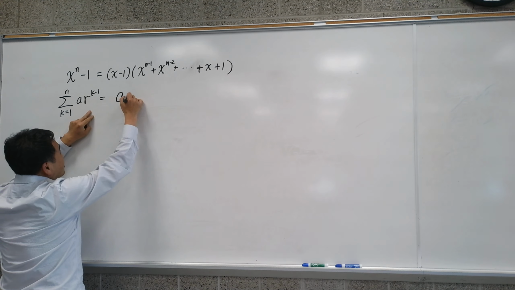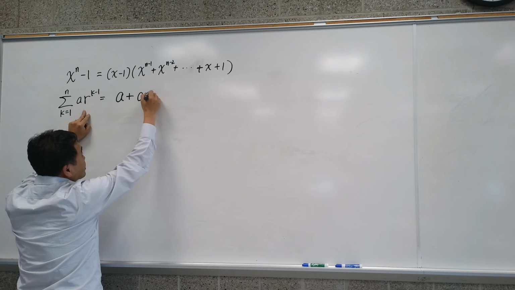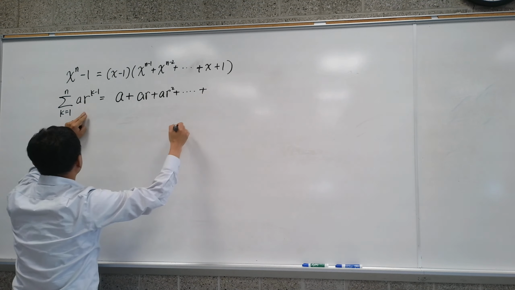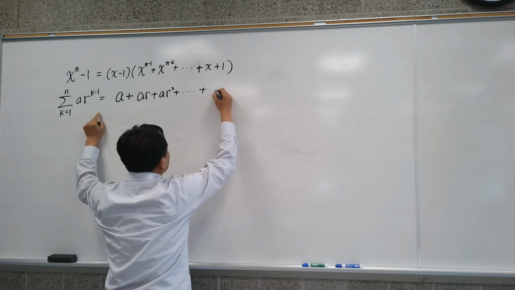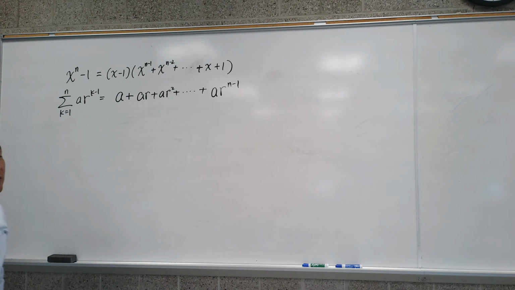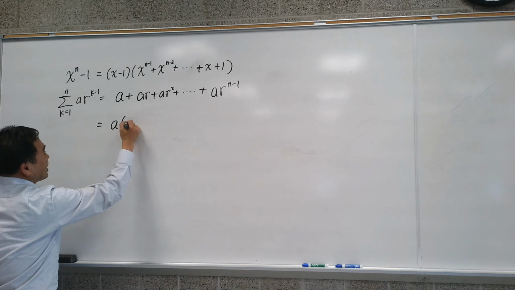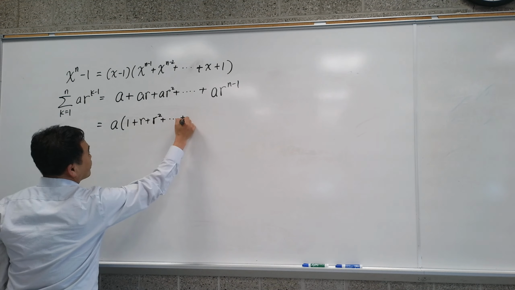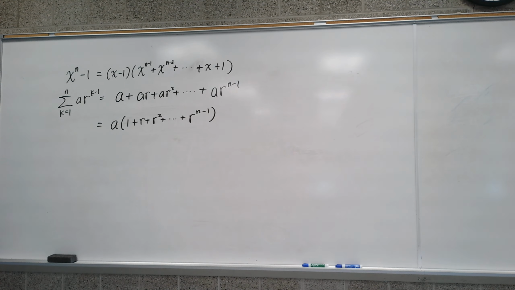A, just A. When k is 2, this produces AR, and then AR squared, all the way up till when k is n, what does this produce? A r to the n minus 1, right? And now we are going to factor the a out. And you have that, right?